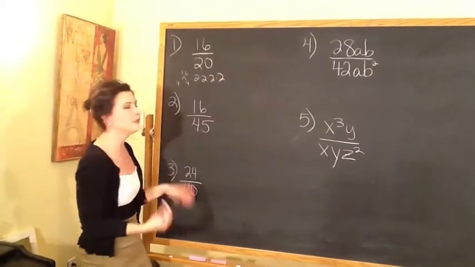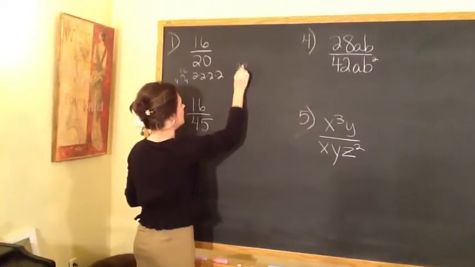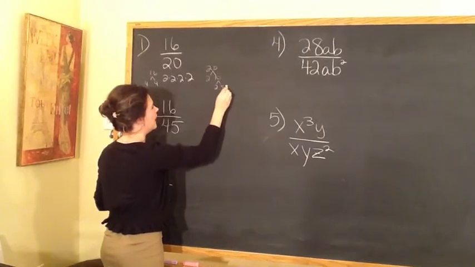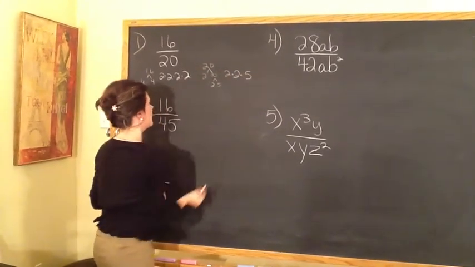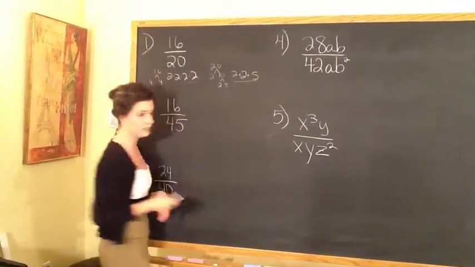So 2 multiplied 4 times is going to give you 16. Now when we break down 20, you have 2 and 10, and then 2 and 5. So you have 2 times 2 times 5.